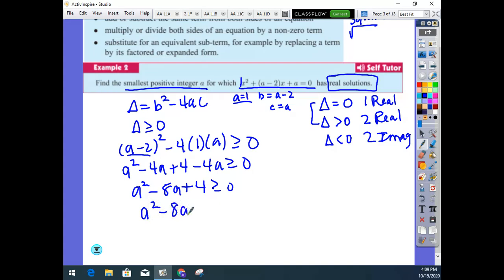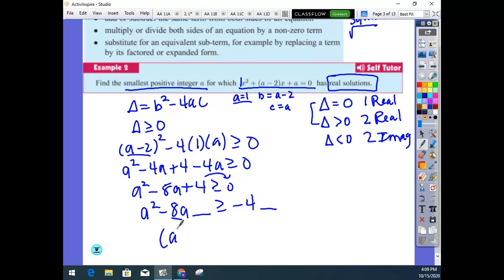Leave a blank, move the -4 to the other side, take half of my middle term, a minus 4 squared, add 16 to both sides, greater than or equal to 12.